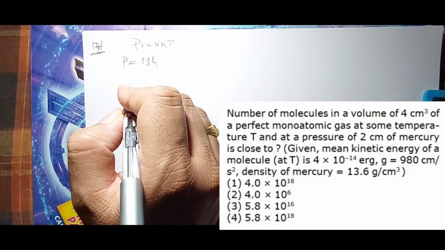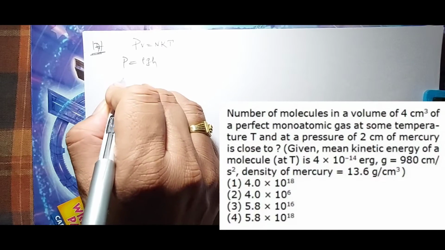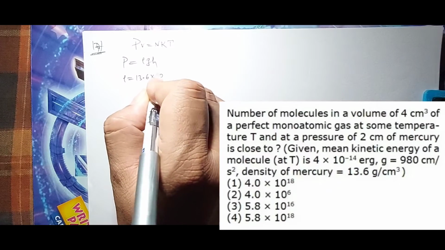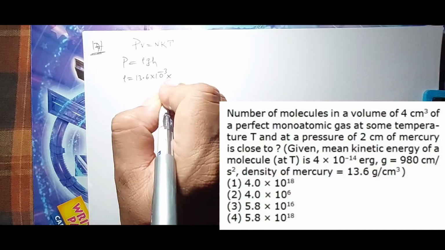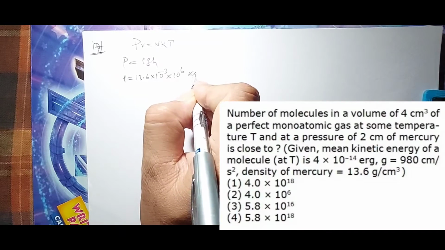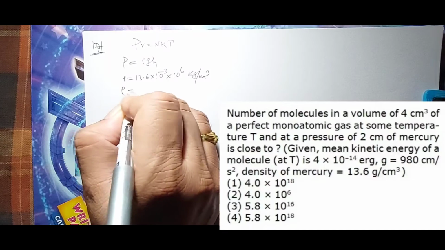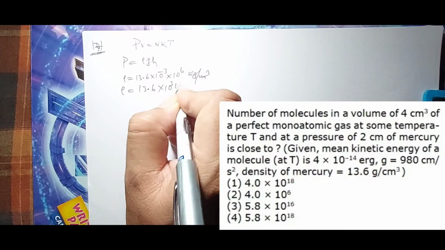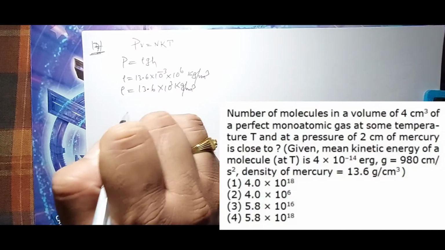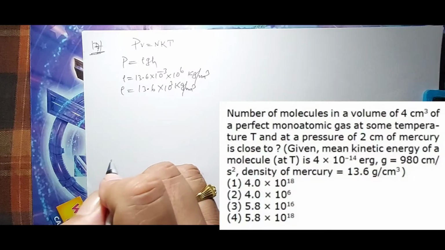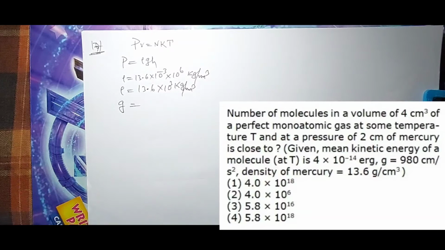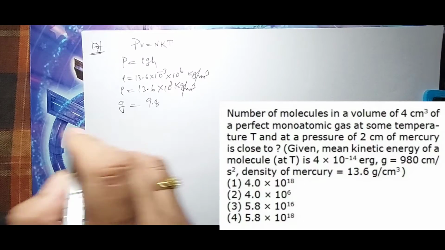In this question, the density of mercury ρ = 13.6 × 10⁻³ × 10⁶ kg per meter cube. So ρ = 13.6 × 10³ kg/m³. The given gram per centimeter cube should be converted into kilogram per meter cube. The g value is 9.8.